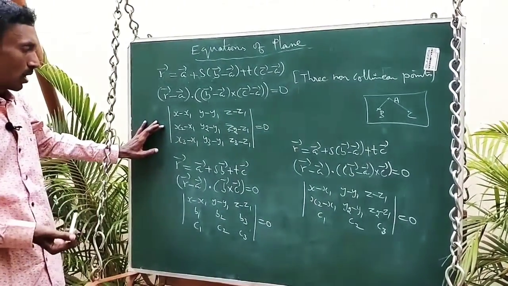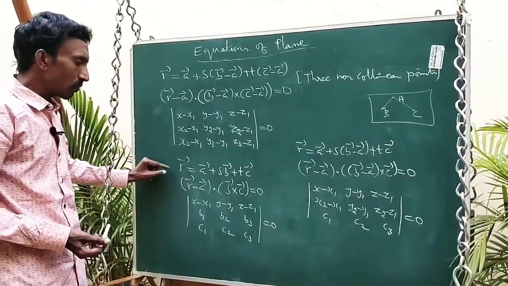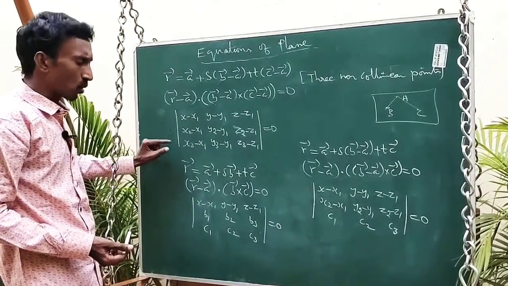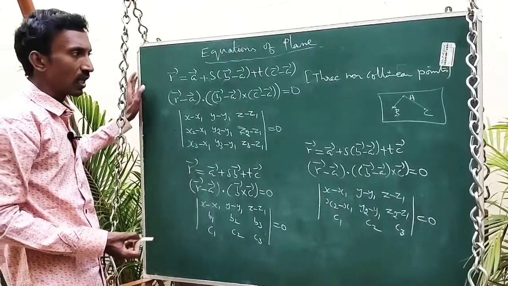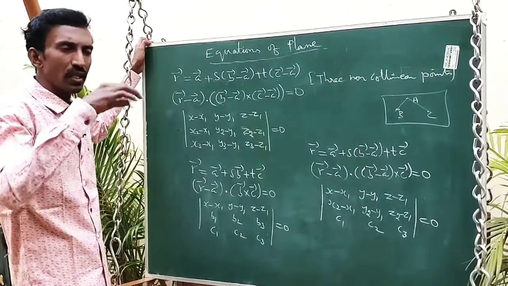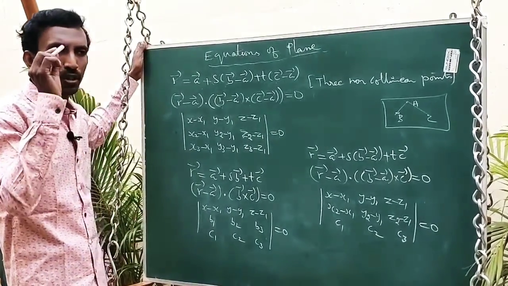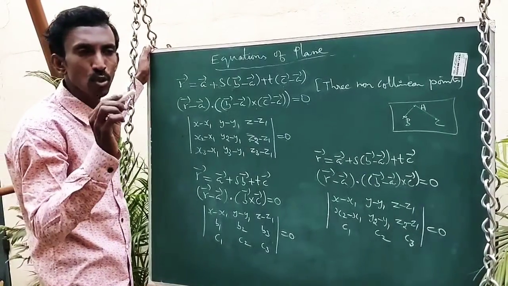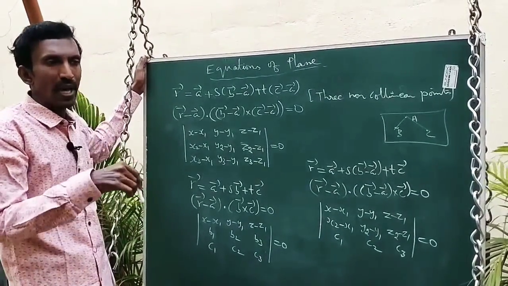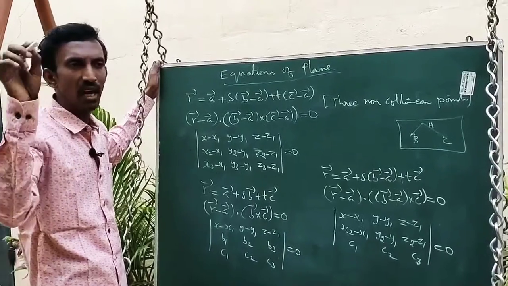Now the next type is when a point and two non-parallel vectors are given. In the old syllabus, for the position vectors of the points, we use A, B, C, and for parallel vectors we use U vector, V vector.